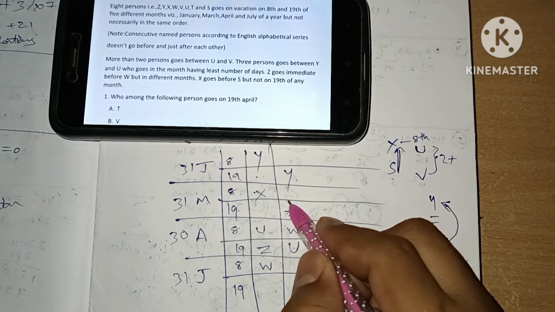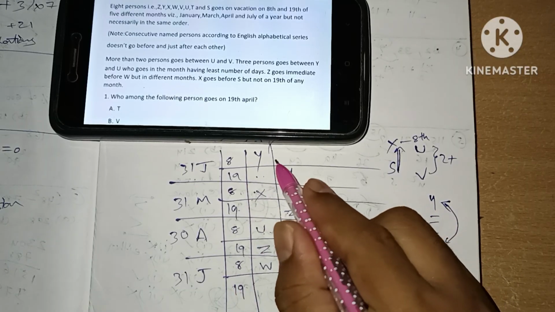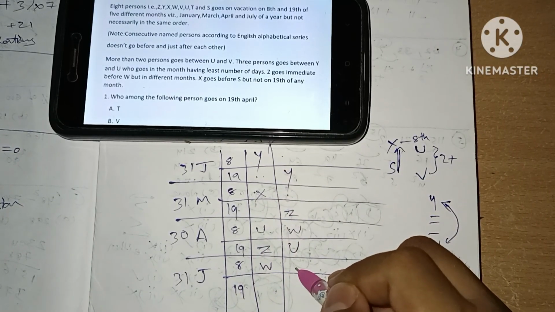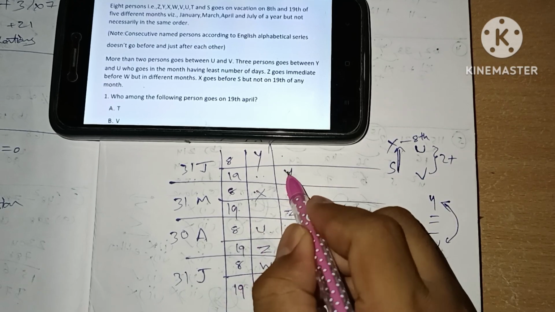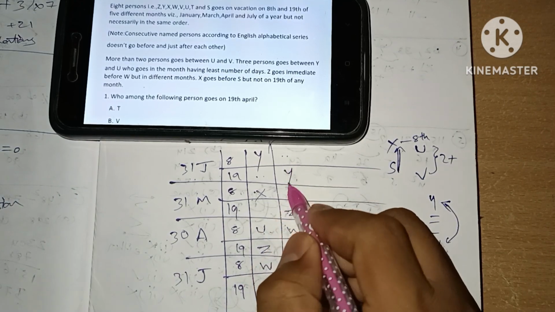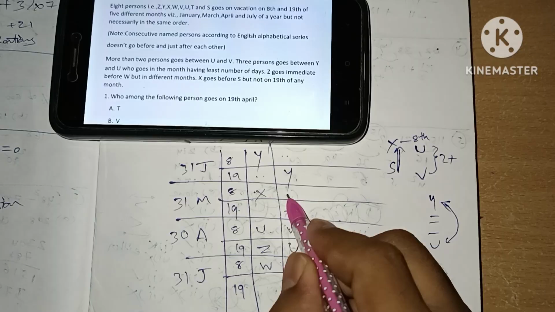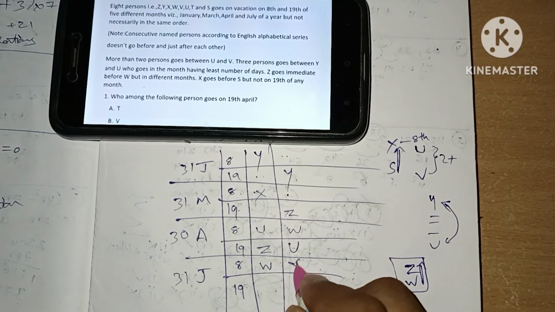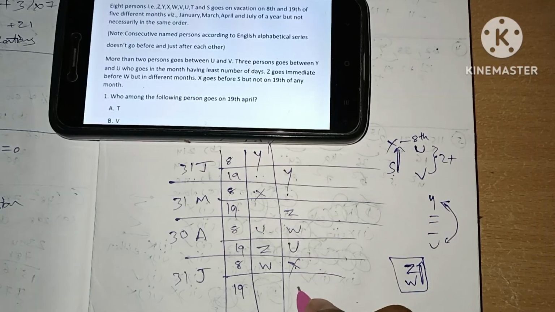We have 3 possibilities for X. We cannot place X here because of immediate persons, and we cannot place X here either. So there is only one place left for X, and the one below X is S.